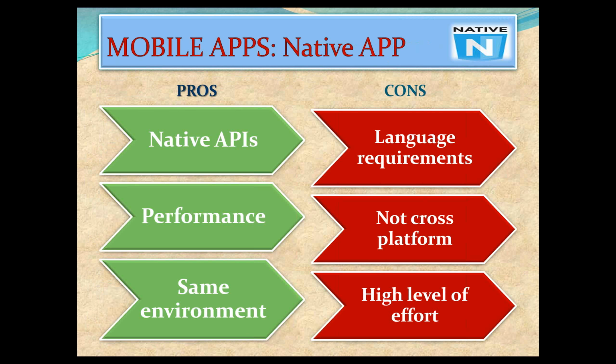Language requirement: it requires proficiency in the platform language, for example, Java, Objective-C or Swift, and knowledge of how to use platform-specific APIs. They are not cross-platform, so native apps can only be developed for one platform at a time.